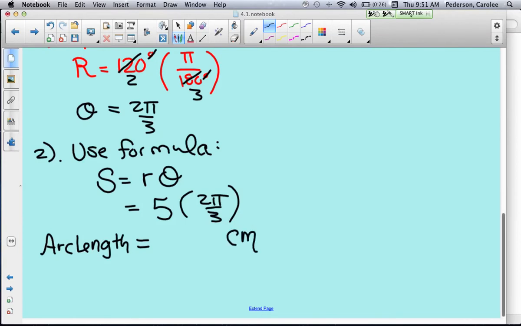And we have units going on in there, so we want to make sure we have the correct proper units. So what is the arc length of that segment? 10.47, do we agree? Centimeters.